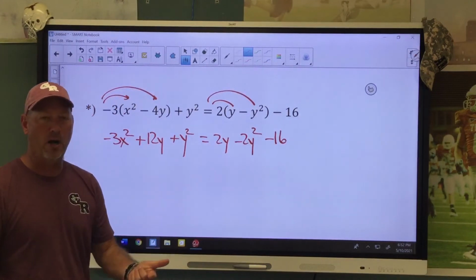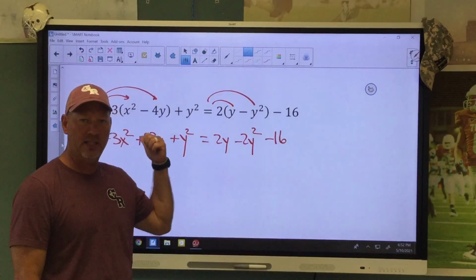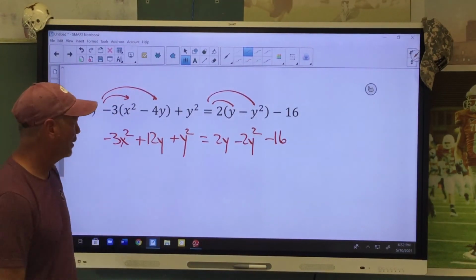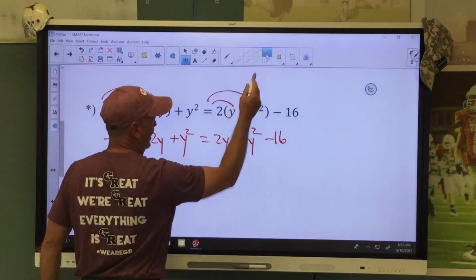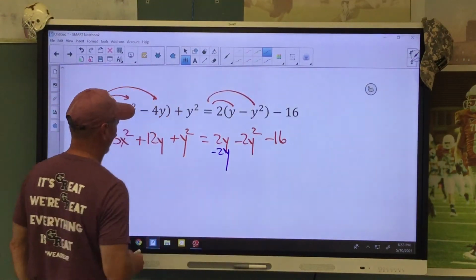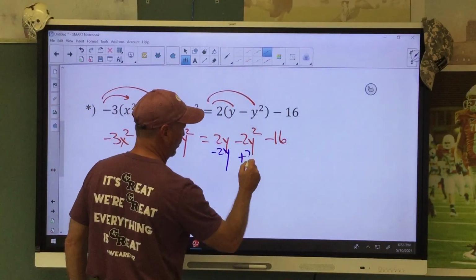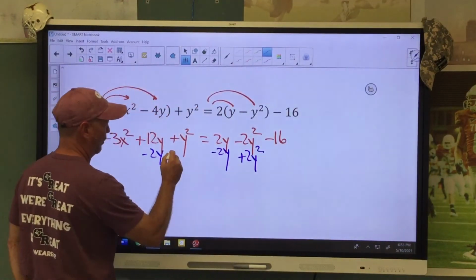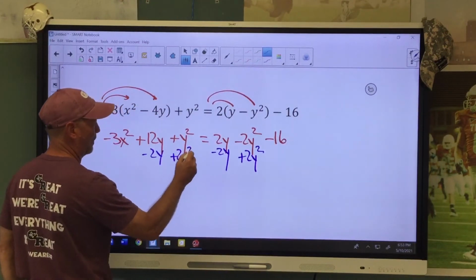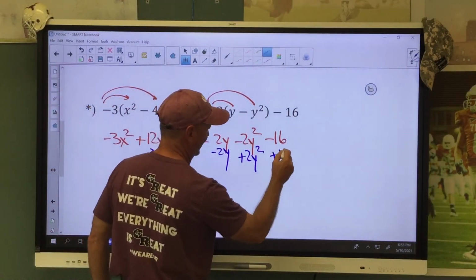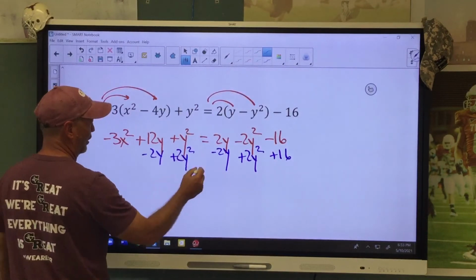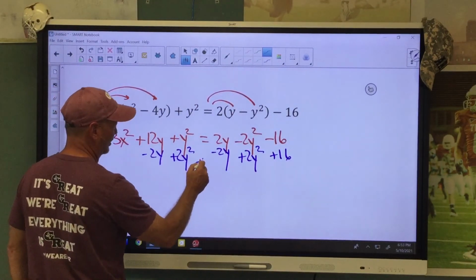Do your distributive property, but you still need to move everything to the same side of the equation. So I would say minus 2y, plus 2y squared, and nothing to combine it with, so plus 16.